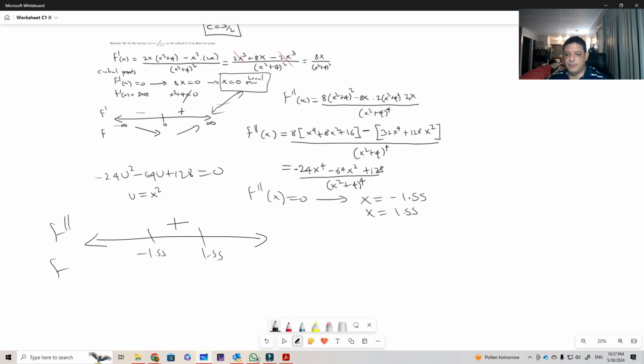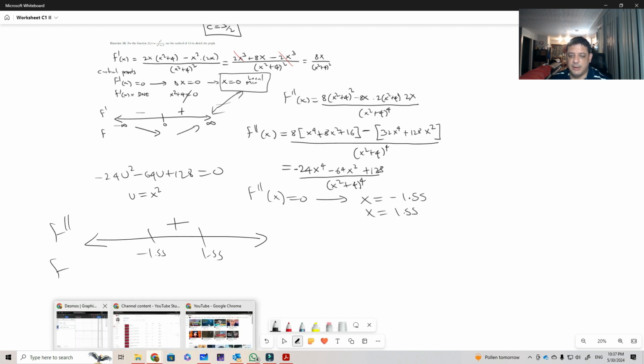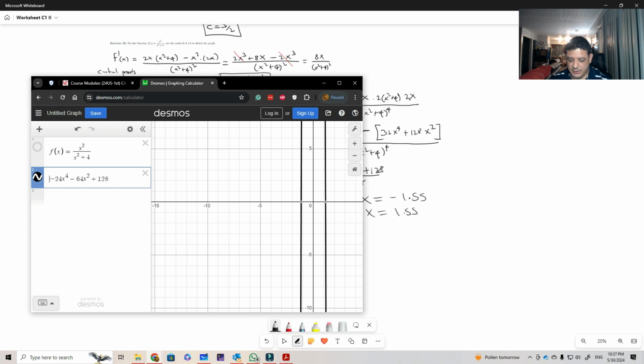Now for the numerator, whatever we plug in is going to be a positive number adding up in here. So regardless of what number we take, the behavior in the positive or negative after 1.155 is going to be the same. We can make that evident. Let me call this g of x here.